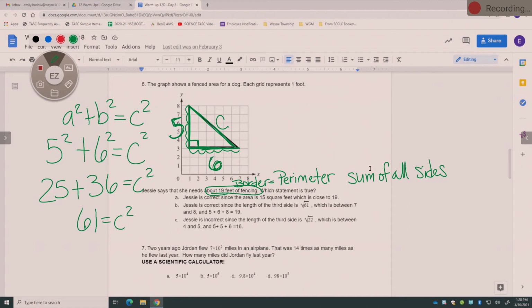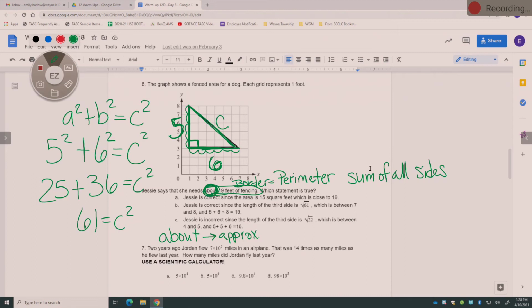Now 61 is not a perfect square, so what this is going to give me is some kind of crazy decimal number. But in my question, I've got this beautiful word about, and about is the same thing as approximately.